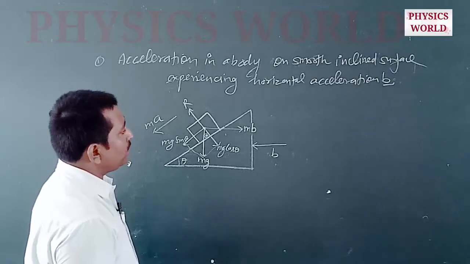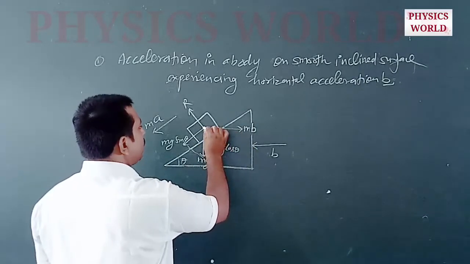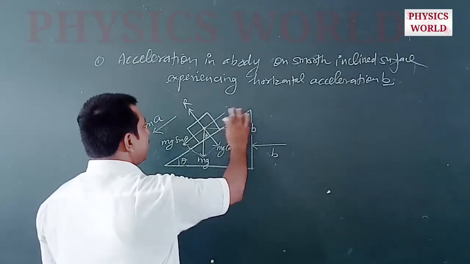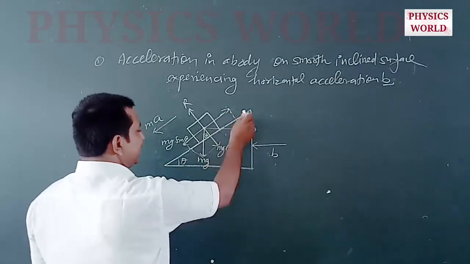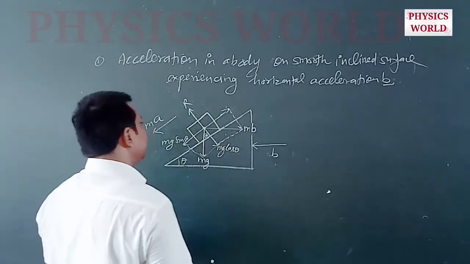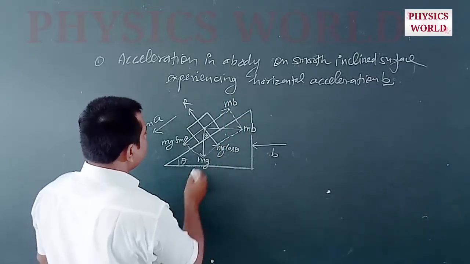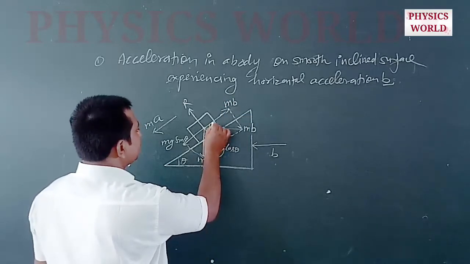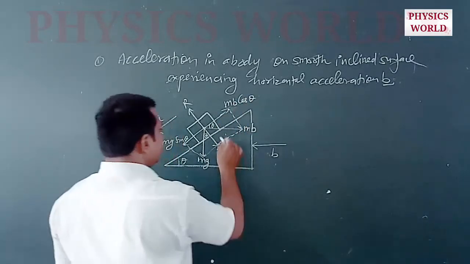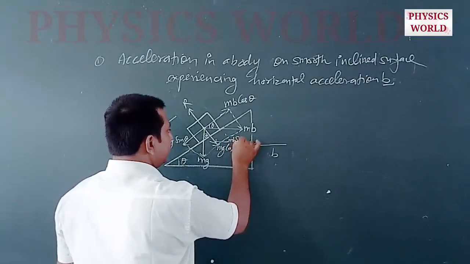This will be equal to mb, and this mb can be further resolved into two components, one parallel to the contact surface and the other perpendicular to the contact surface. Because this one is theta, this is also equal to theta, so this becomes mb cos theta, and this one becomes mb sin theta.